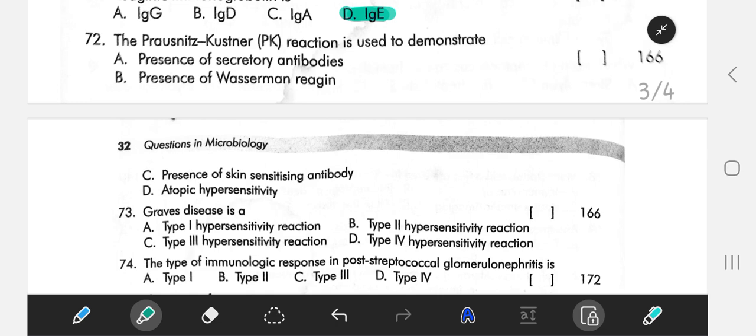PK reaction is used to demonstrate. Answer will be D, atopic hypersensitivity.